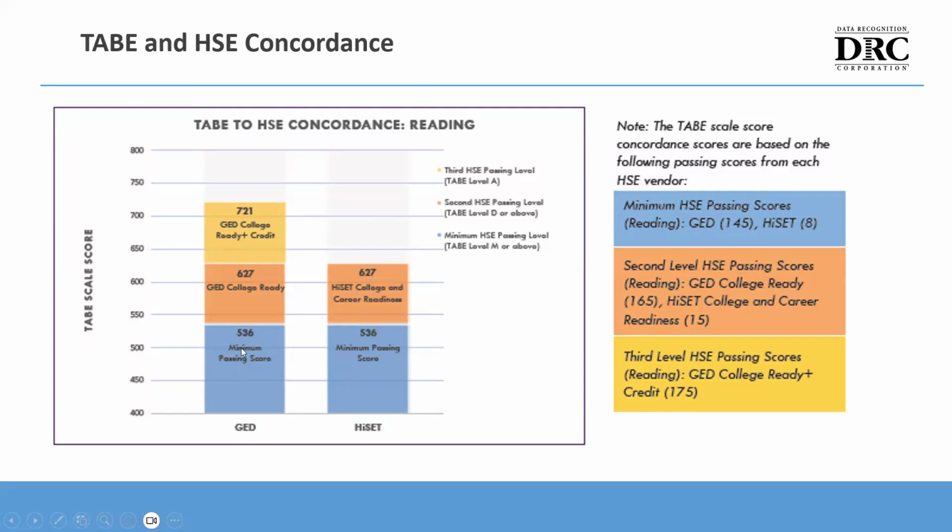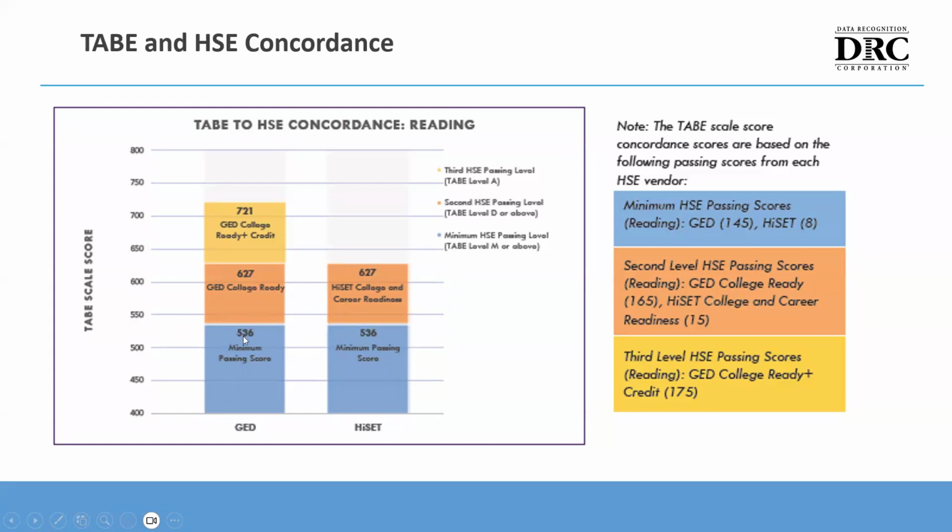So again, showing the minimum score is not meaning that you're going to be always successful in that area. And that's why we see the GED has created those second and third passing thresholds, the college ready or the college ready plus credit areas of the 165 and the 175 on the GED test. Doesn't mean that you always need to get above that 165.